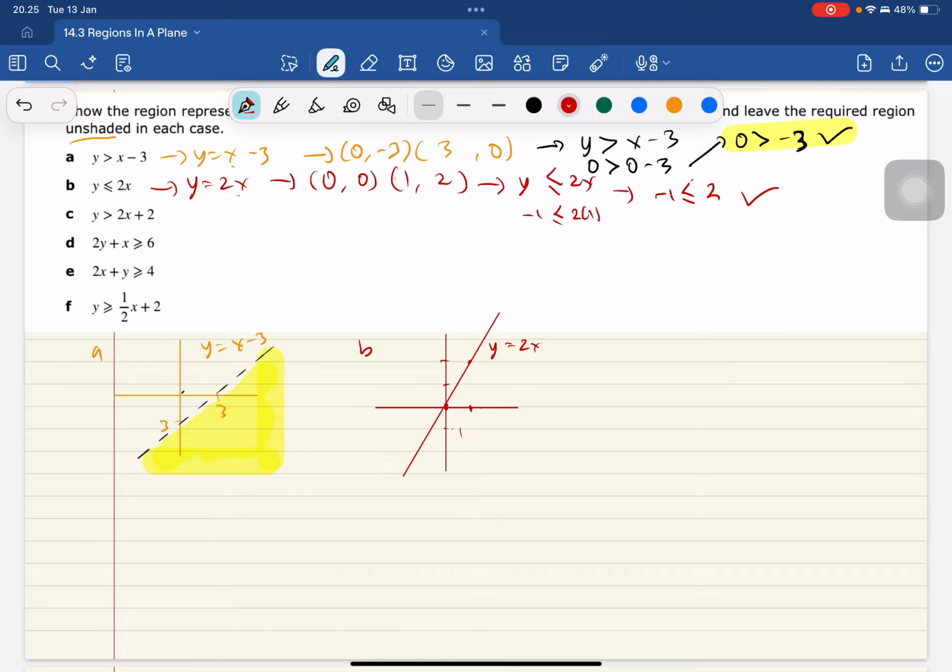So this is our wanted area, and the unwanted is the opposite of it, which is here. This is the unwanted area. So these are correct.